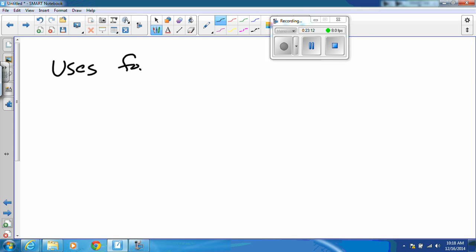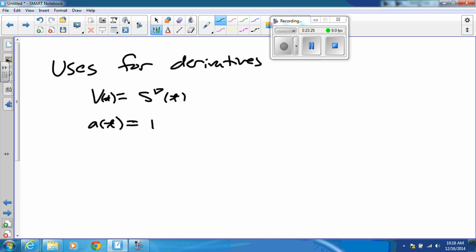What can we do with our derivatives? First of all, motion along a line. Velocity is the derivative of position. Acceleration is the derivative of velocity.